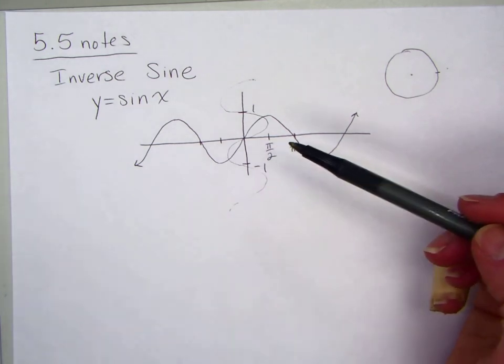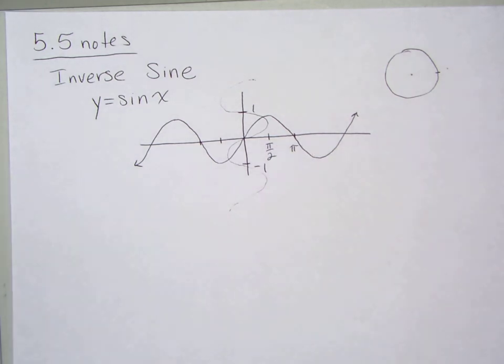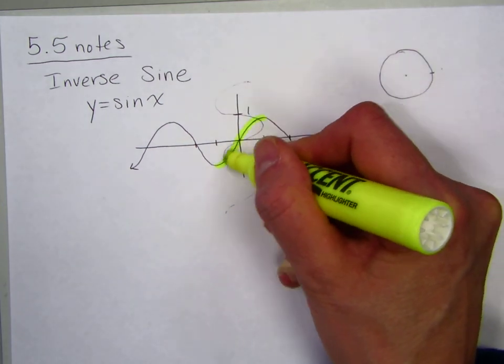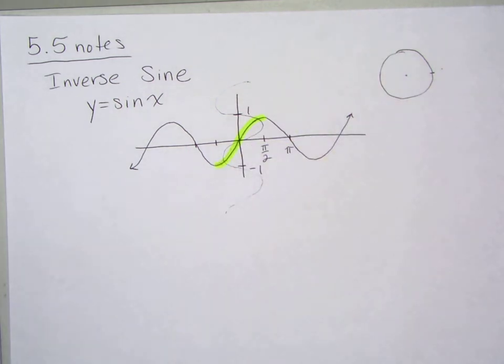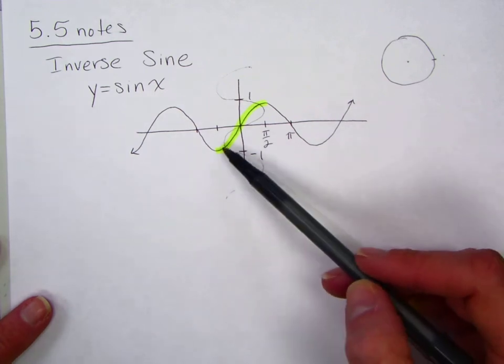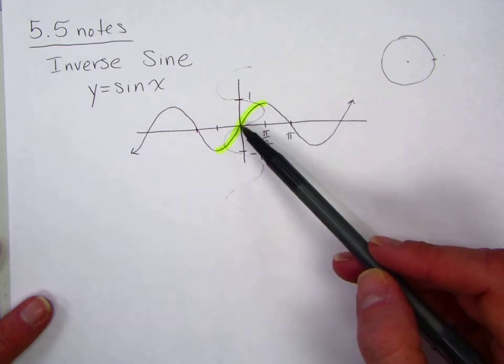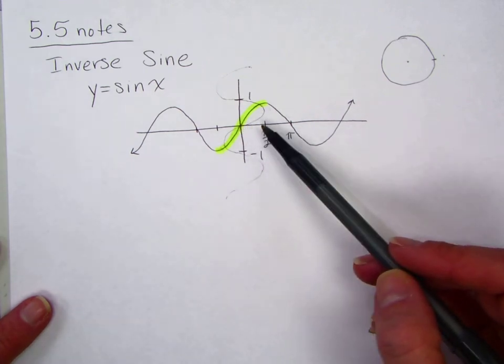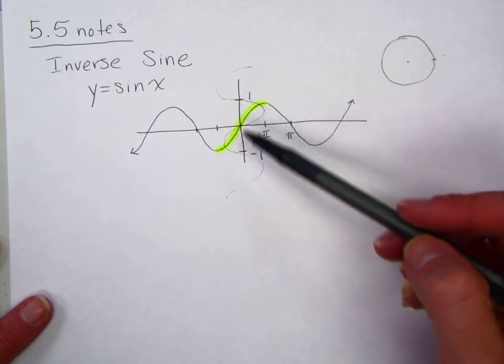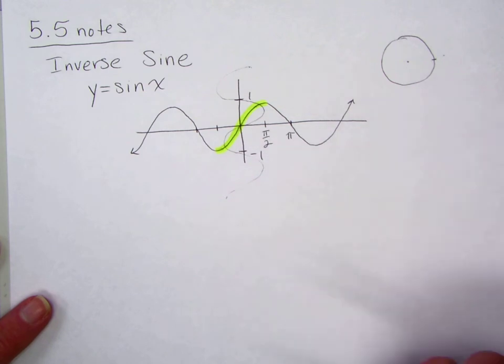So the part that they end up using is this part right here. This is the restricted part, the part that they use. Again, it is continuous. It does include the values from 0 to pi over 2, which again are important when we solve right triangle problems. And it takes on all the values of the range from -1 to 1.